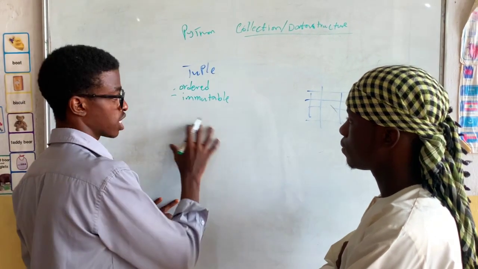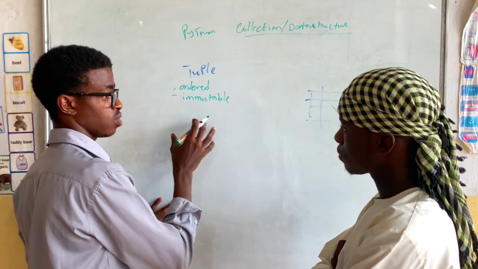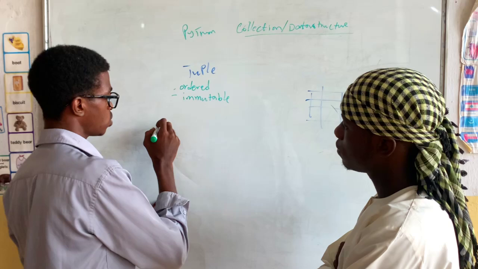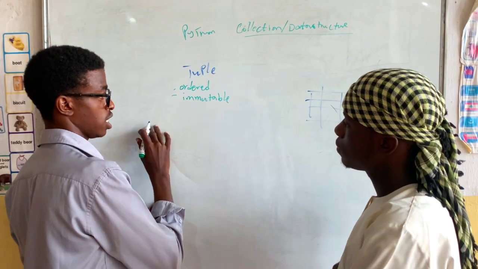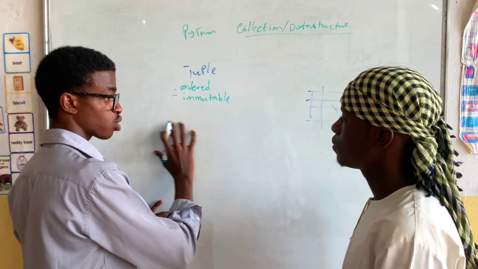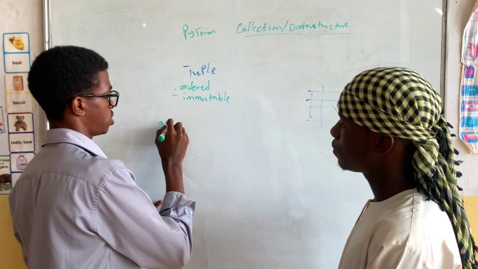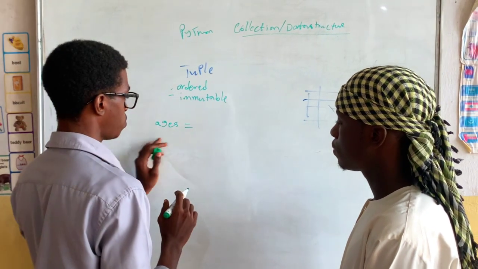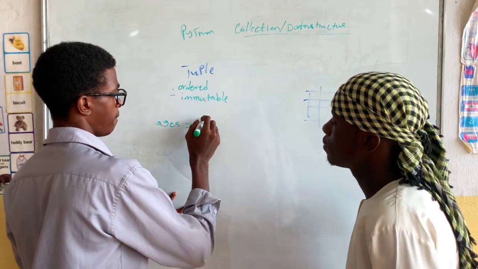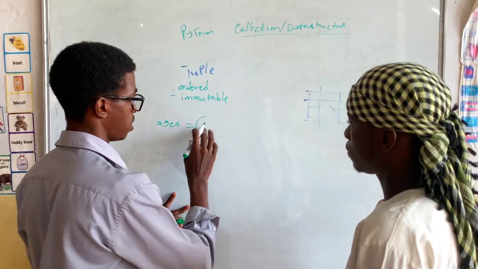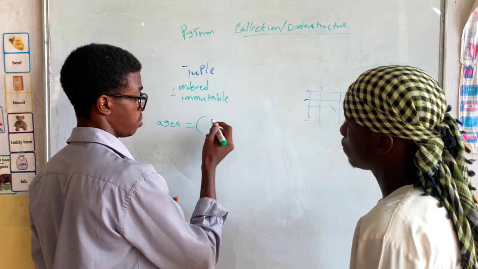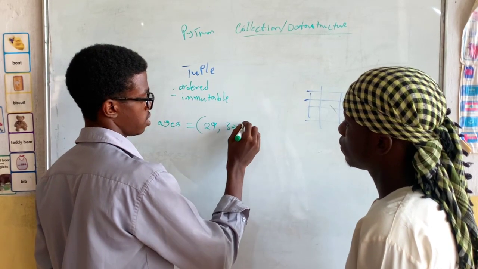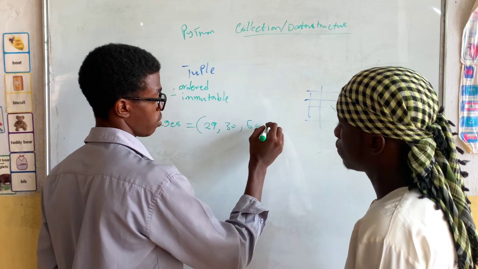So now, how do we create a tuple basket, or tuple collection? The first thing you have to do is give it a name. Let me create a tuple that will store the ages of people, so I will call it ages. Then I say ages is equal to, and since it's a tuple, we have to use parentheses. Then I put the values: 29, 30, 50, 60. These are the ages of people.